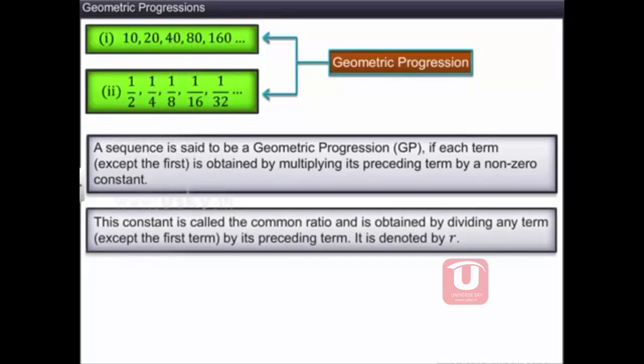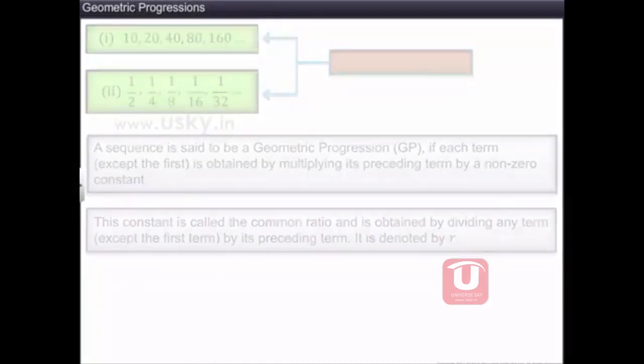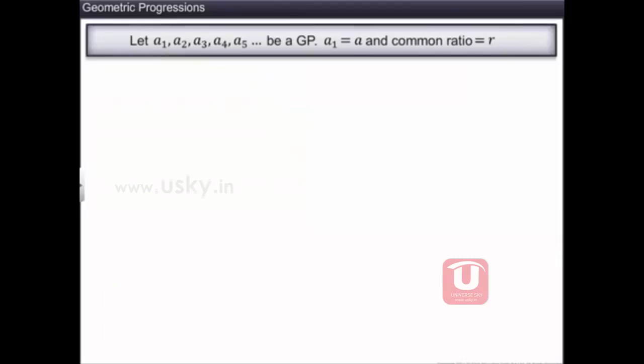Let us now consider a GP with the first term a and the common ratio r. Then the second term of this GP is obtained by multiplying the common ratio r with the first term a. The third term is obtained by multiplying the common ratio r with the second term. The fourth term is obtained by multiplying the common ratio with the third term, and so on. In this way, the subsequent terms can be obtained.